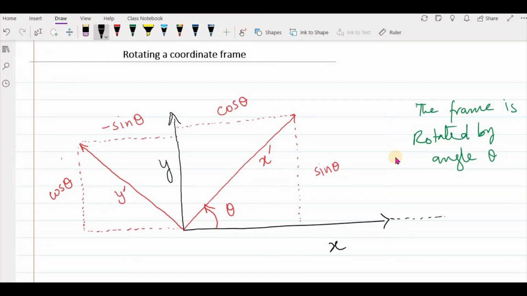So I can extend the axis like this, and the same for the new rotated axis.